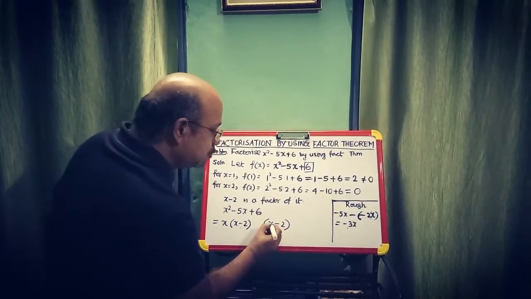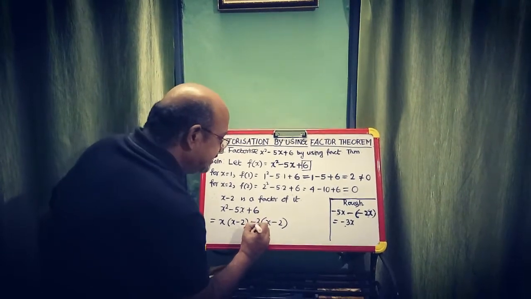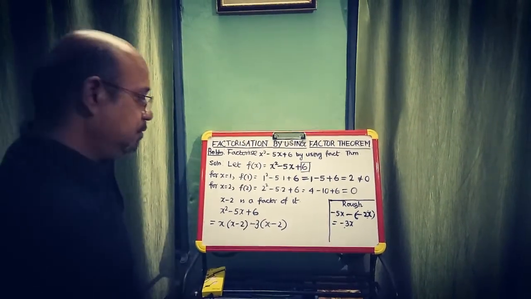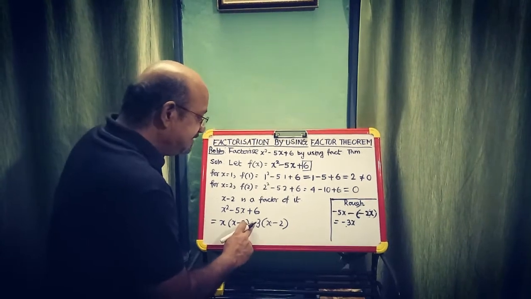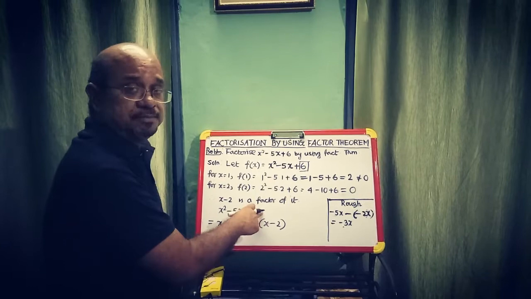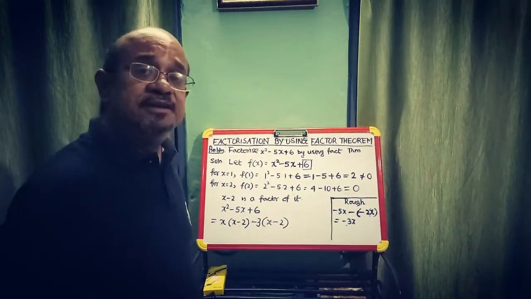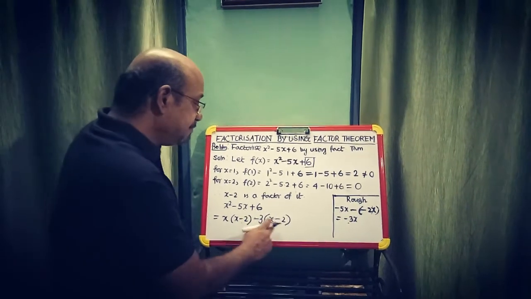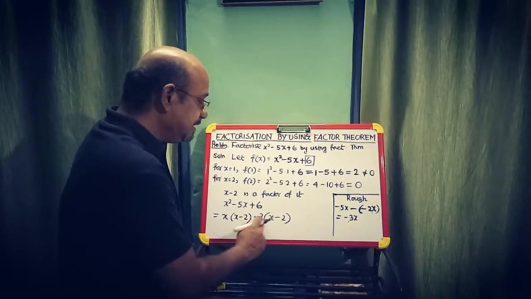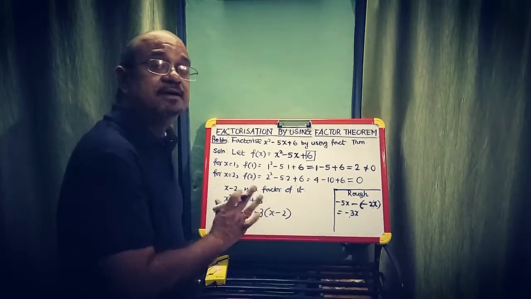So with what should x be multiplied in order to get minus 3x? It is minus 3. Okay. Now as you do that, see, minus 3 into minus 2 gives you plus 6, which is the last term of the expression. So the last term automatically has got adjusted. And this is also a confirmation. When you get the last term automatically adjusted, that is also a confirmation that your adjustments are correct.